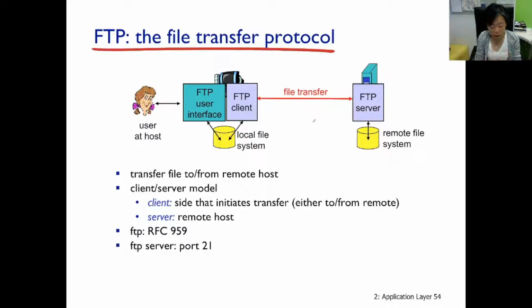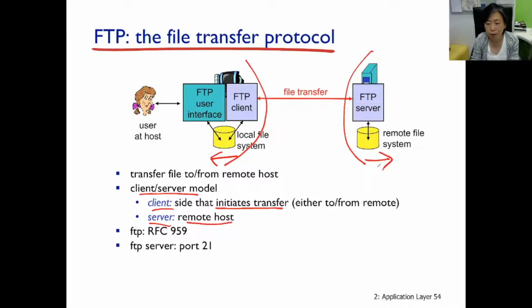Pay attention to these. So first of all, what is the communication model? You see here, client server. The client is always the side initiating transfer, so over here, this side. And the server is always the one that's far away. It's over here. All right.